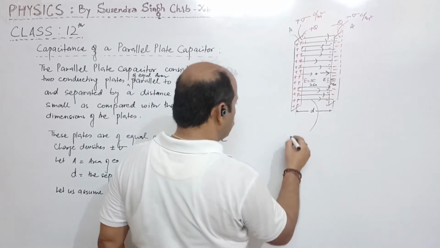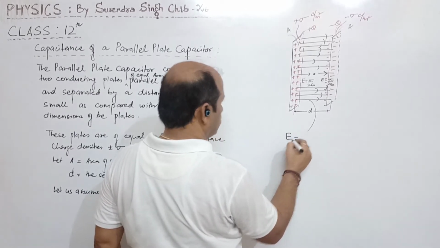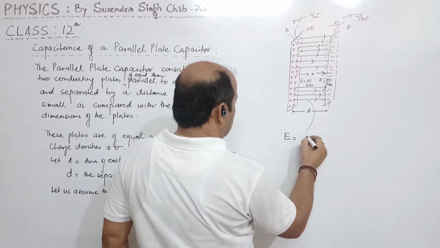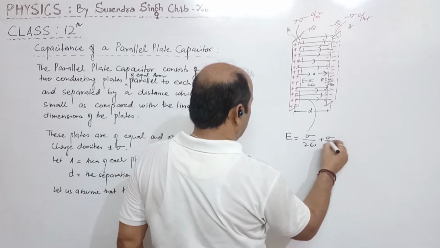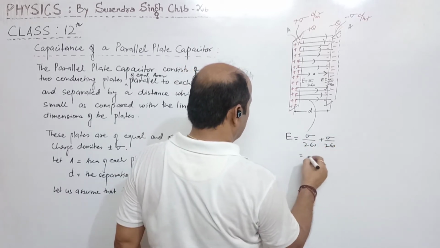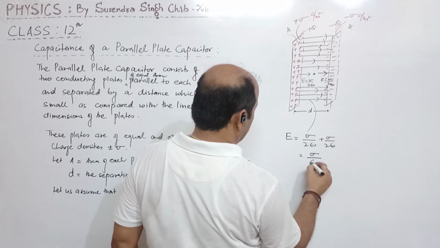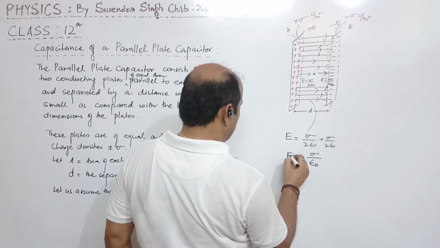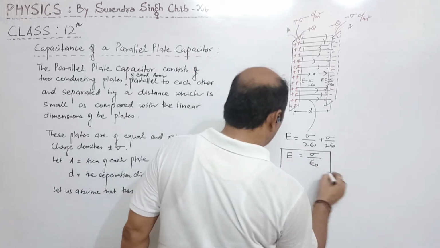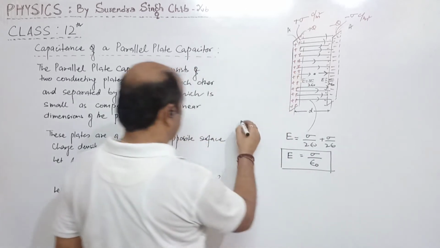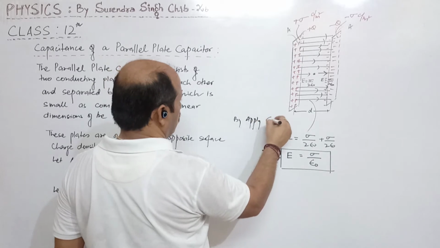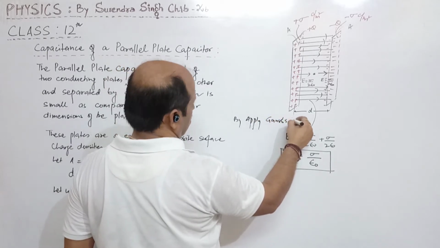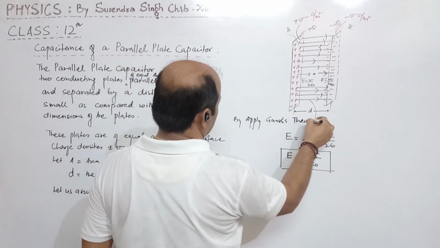And what is the magnitude of electric field? It is sigma by 2 epsilon naught plus sigma by 2 epsilon naught. This comes to be sigma by epsilon naught. तो जिन बच्चों को समझ में नहीं आएगी E equals sigma by epsilon naught कैसे है? It is by applying Gauss's theorem और ये मैंने separately करवाया हुआ है पिछले लेक्चर में.